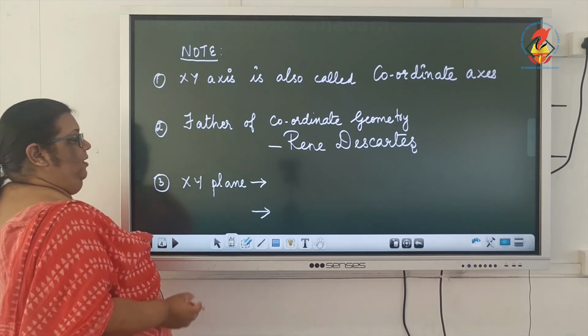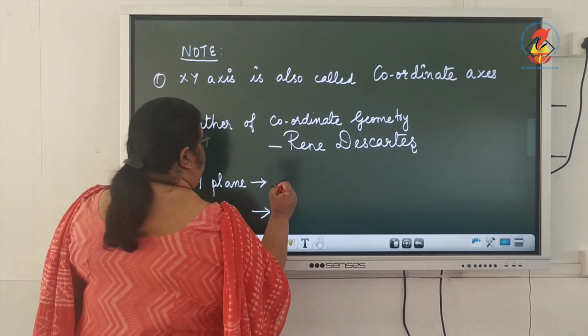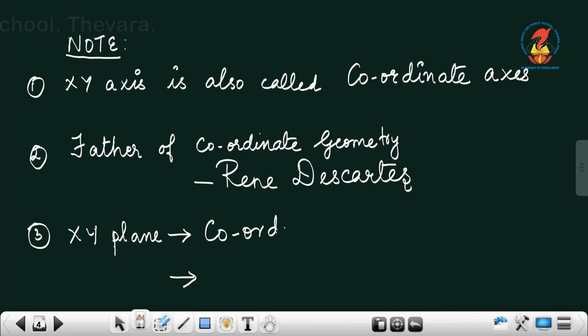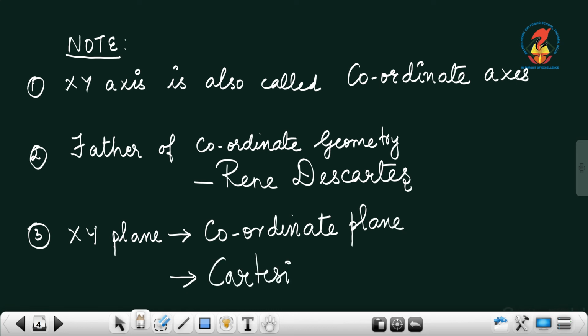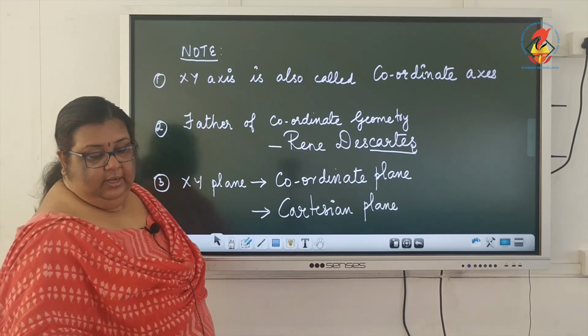So the xy plane, the plane on which we drew the x-axis and y-axis, is otherwise known as the coordinate plane or Cartesian plane. Cartesian comes from the name René Descartes, since he found out coordinate geometry. The xy plane is otherwise known as the coordinate plane or Cartesian plane.